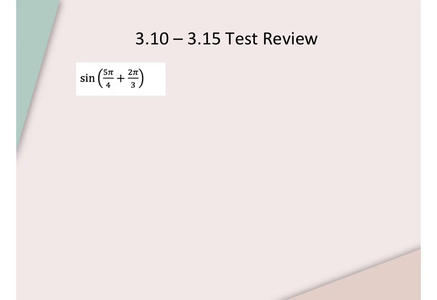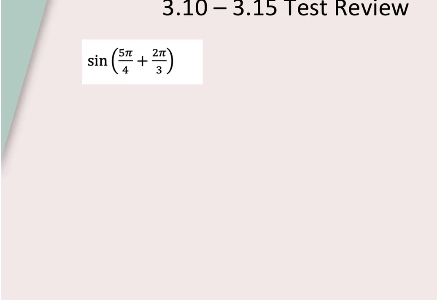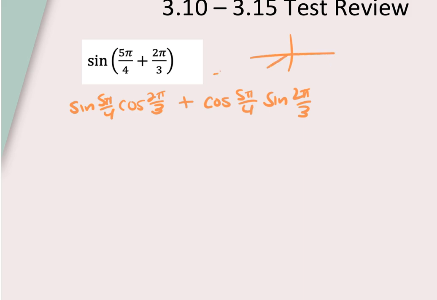Okay. Then came your sum and difference. So the pattern here is sine, right? So what's the pattern for sine? Sine, cosine, cosine, sine. So sine 5 pi over 4, cosine 2 pi over 3. Keep the sign, same sign, and then cosine 5 pi over 4, sine 2 pi over 3. So I'm at 5 pi over 4, which is negative root 2 over 2, and negative root 2 over 2.